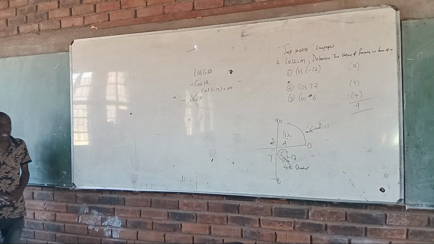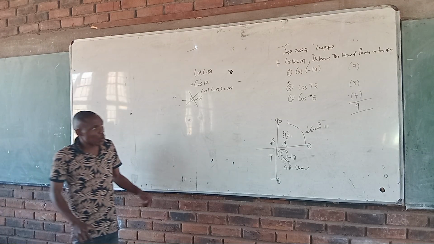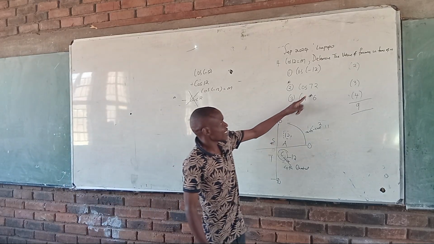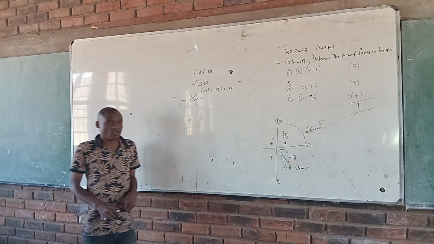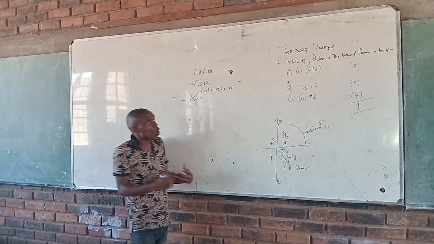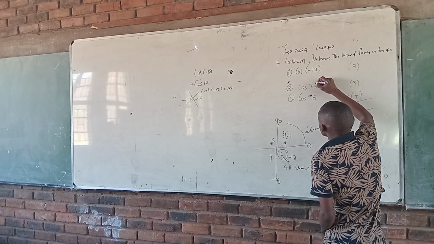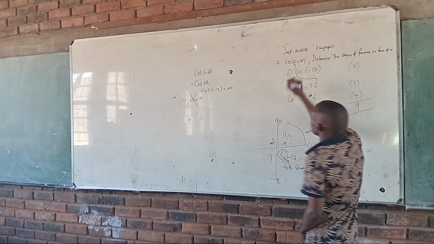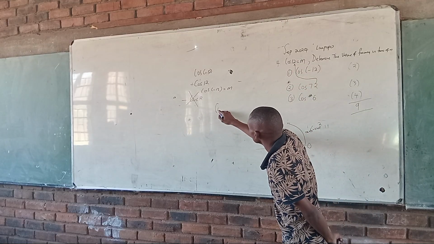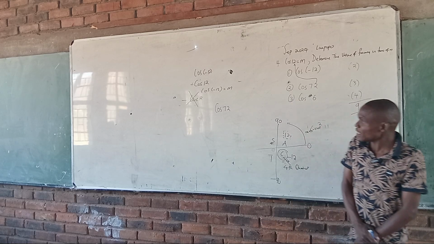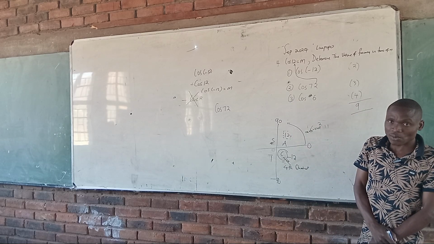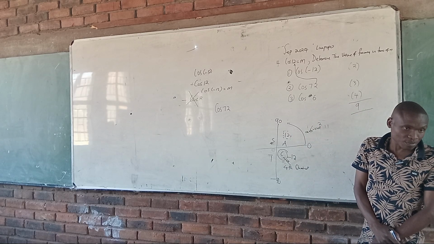Now let's go for the second one. Let's go for 72. Okay, I said try by all means to use this angle here. So cos 72, where is the angle 72? Where is this angle 72?